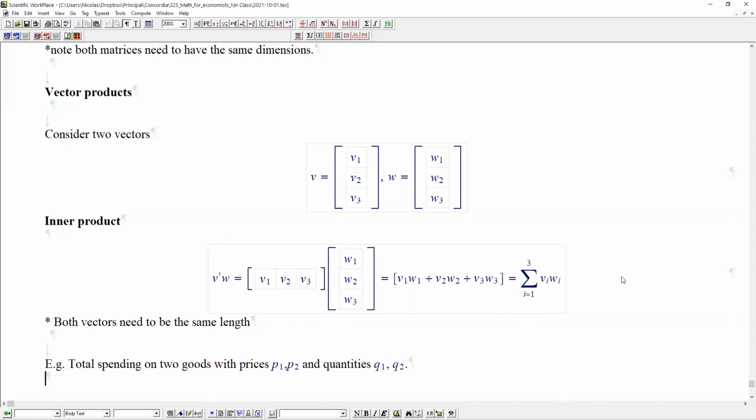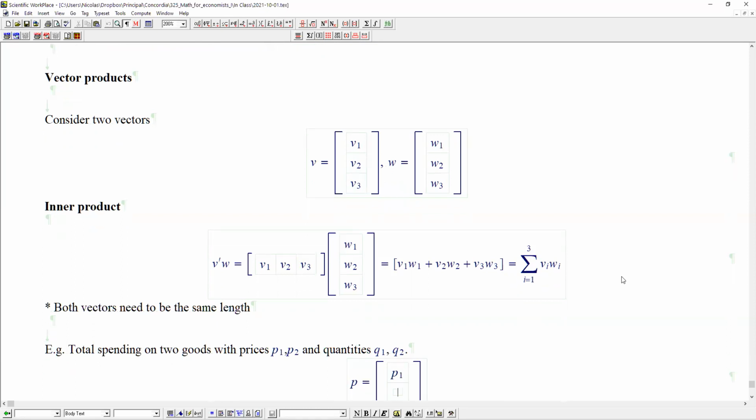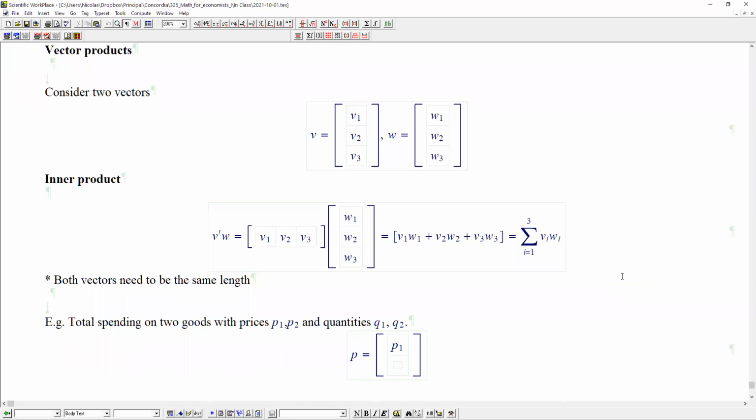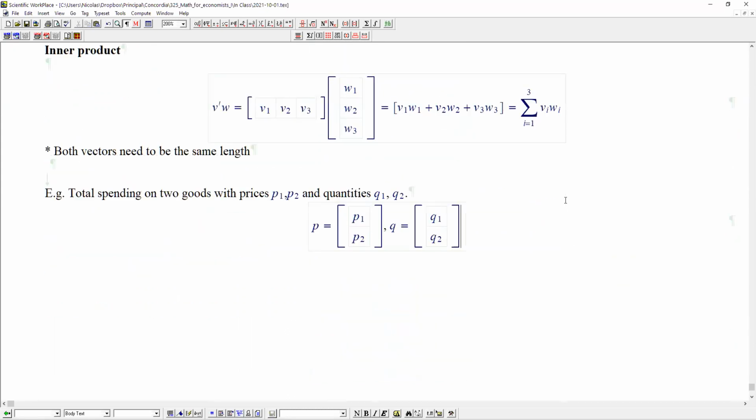I just have P equals P1, P2, and Q equals Q1, Q2. And what do I get?